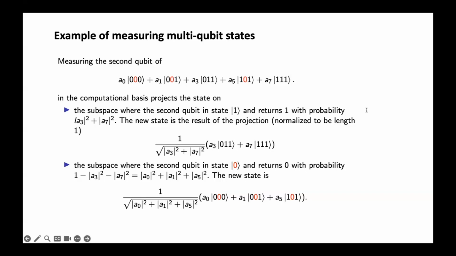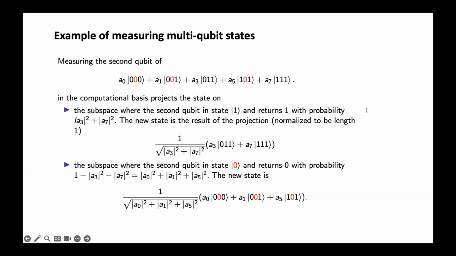A7 squared, because in these two cases, this subspace returns 1 with this probability. The new state is the result of the projection. So the new state that we obtain is what we had here, because these are the two states that return the second qubit in state 1.